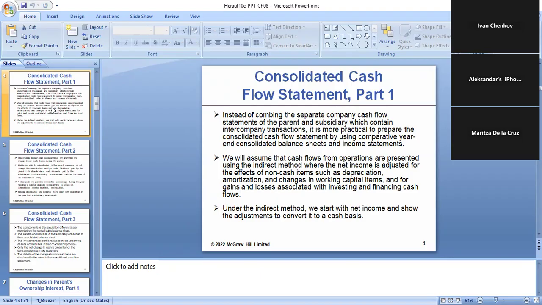No. What we're going to do is consolidate the parent and subsidiary income statement and balance sheet. And once we have those done, then we're going to prepare by ourselves the consolidated cash flow statement.